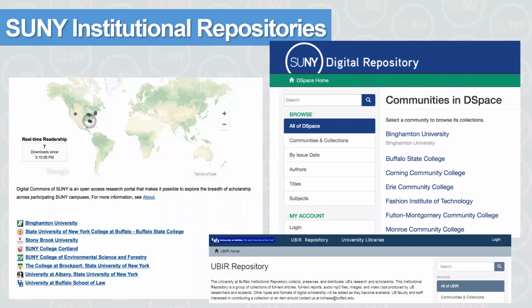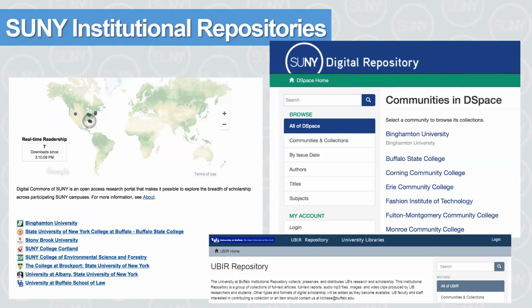And this just kind of shows you where we've got a pretty good infrastructure for digital repositories to support open access. The left-hand part of this slide shows you campuses that are using a product called Digital Commons. So Binghamton University, New York State College at Buffalo, Stony Brook, Cortland, ESF, Brockport, Albany, and Buffalo Law School all use Digital Commons.